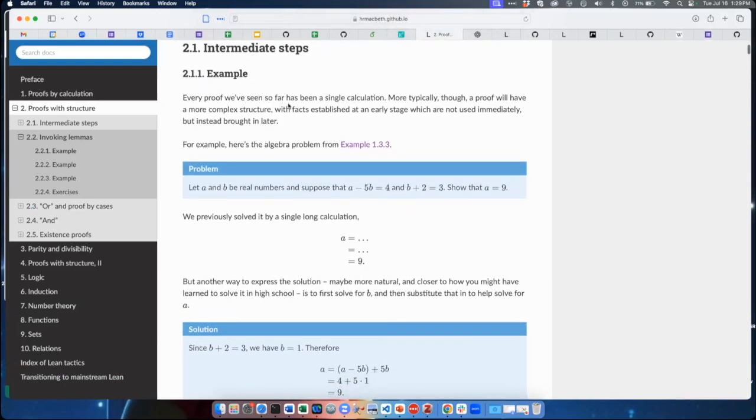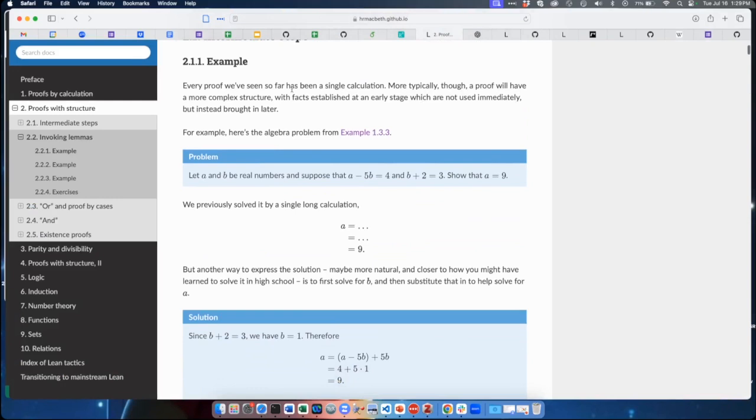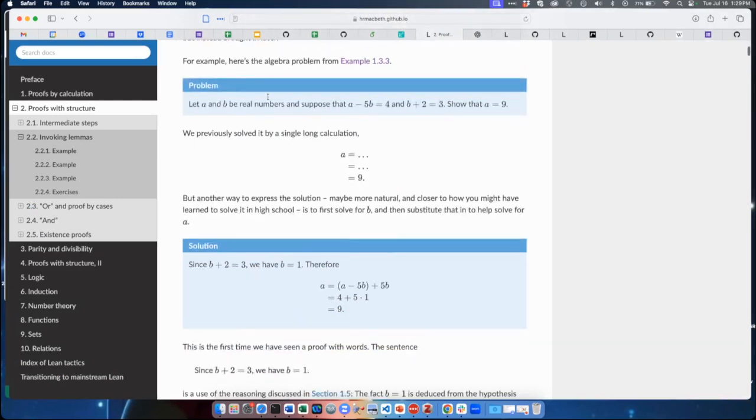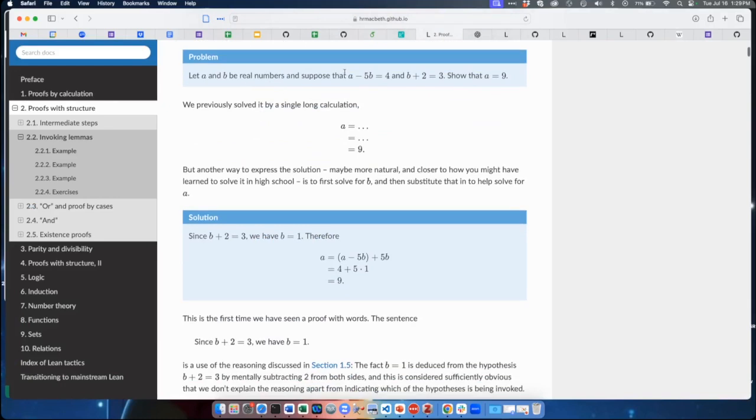More typically, proofs will have a more complex structure. The problem is: let a and b be real numbers such that a minus 5b equals 4 and b plus 2 is equal to 3, show that a is equal to 9.